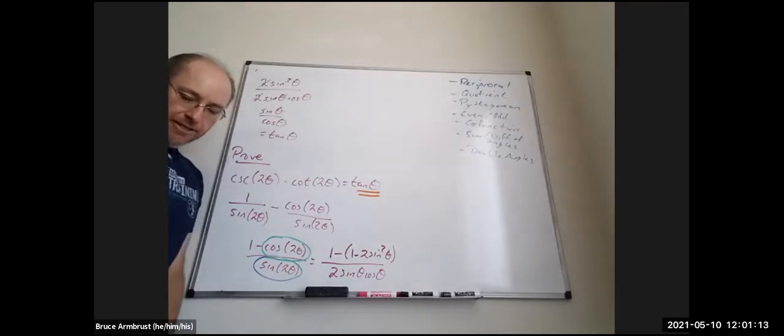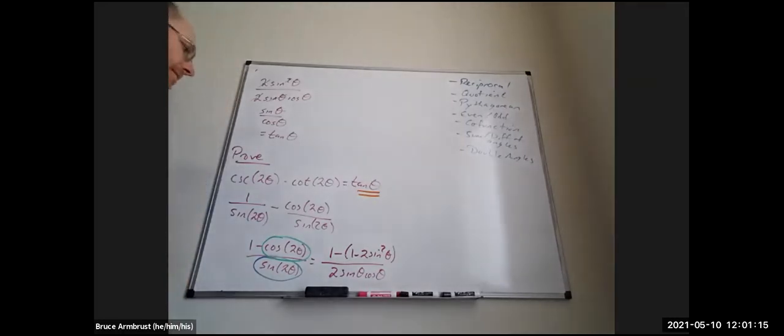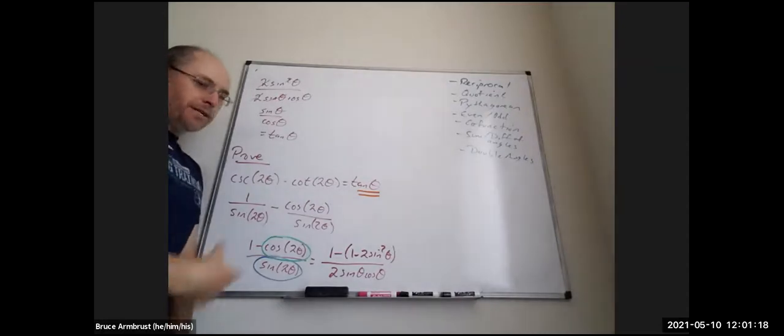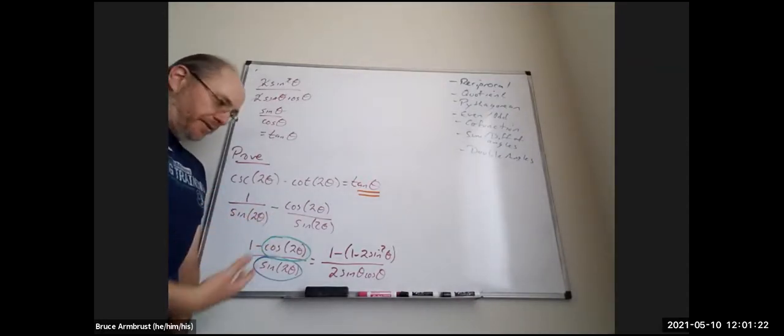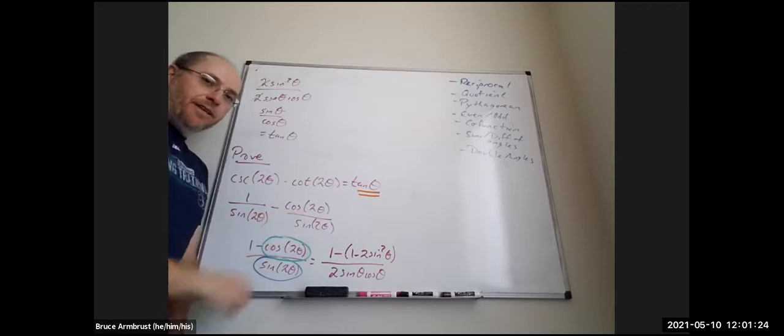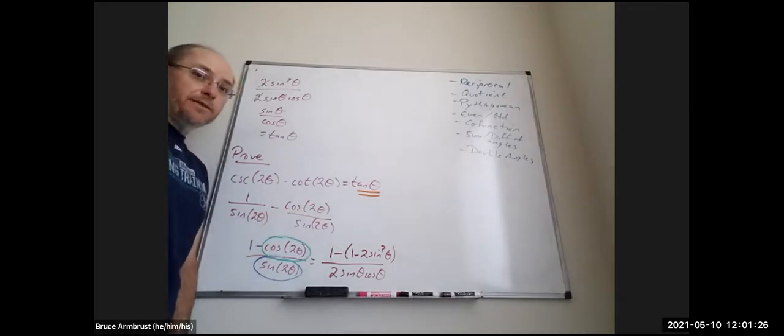All right, so just a little bit of an example of where we can use these double angle identities. And I chose this one on purpose to show you that when you get the cosine of 2 theta, you are going to have to make a choice. And sometimes there's a better choice than others. It still would have worked out. If we'd used either of the other two, we still would have gotten there.